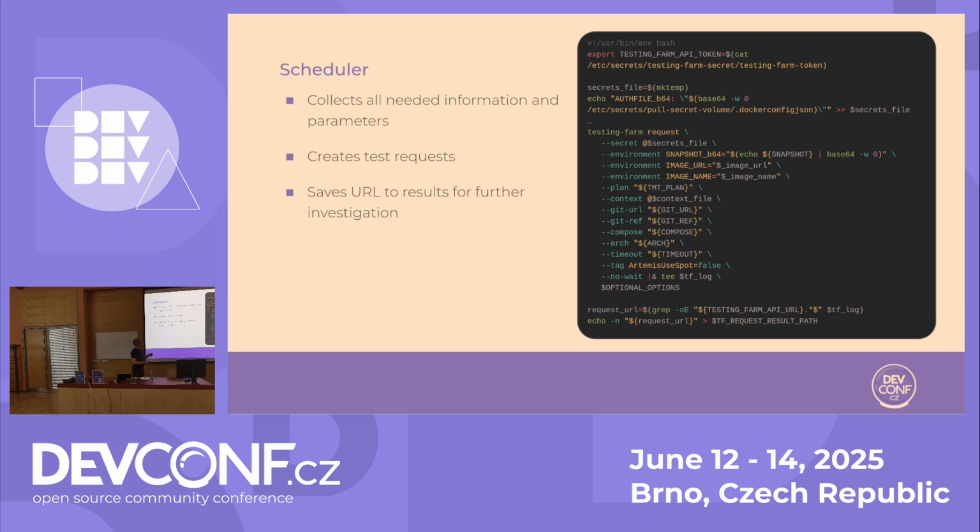We generate and parse parameters needed for Testing Farm, and finally we run the Testing Farm CLI, which sends a request to the Testing Farm service. And at the end of the script, we are storing the request URL for further investigation.